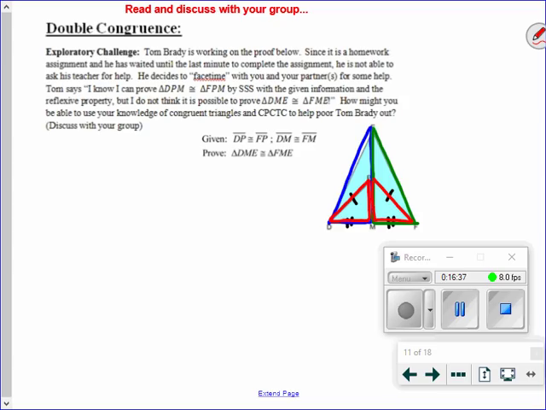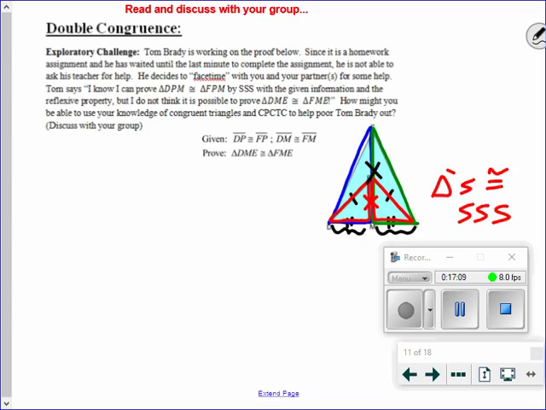The last piece I could do is the reflexive property. Okay, so if I do reflexive here, then I can show these triangles are congruent by side, side, side. Right? Notice that that's already a piece of the green and blue triangles. So I could do reflexive for the green and blue triangles.